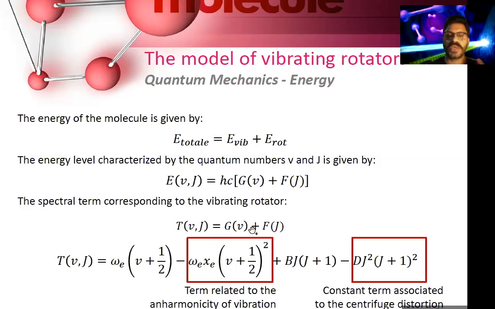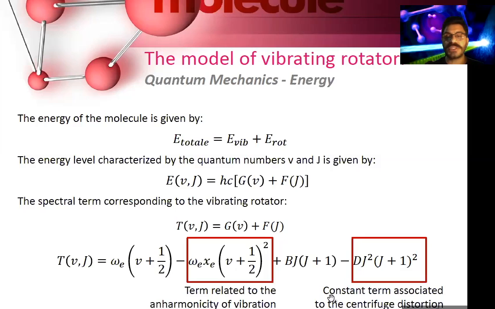Obviously now you know what the term for G is. G is omega_e (v plus half) minus omega_e x_e (v plus half) squared. And this is the G term for the anharmonic oscillator, which is the real case. That's what we've seen in chapter 3.